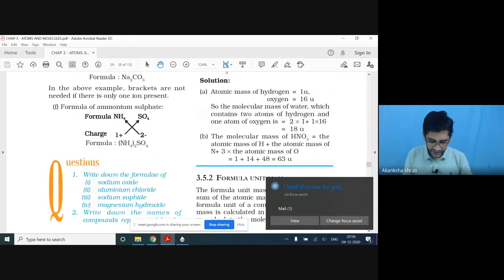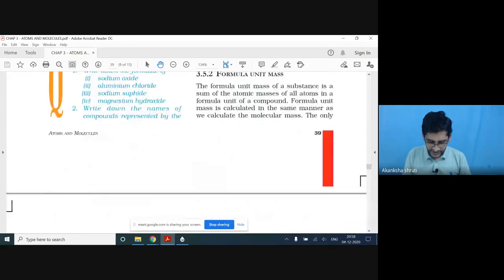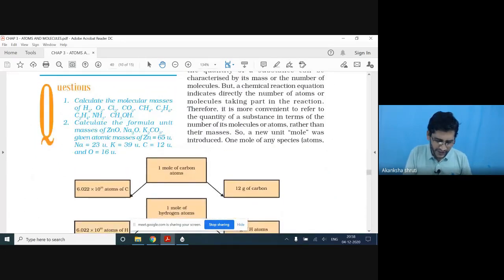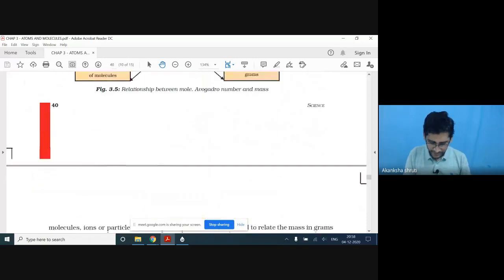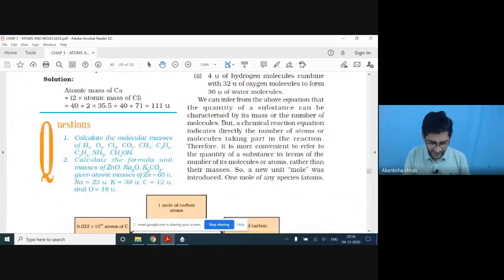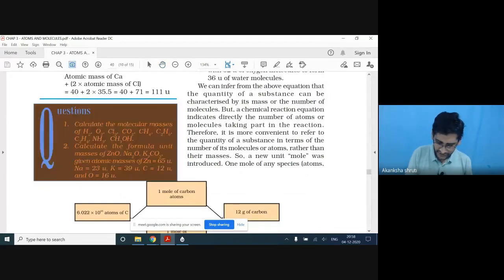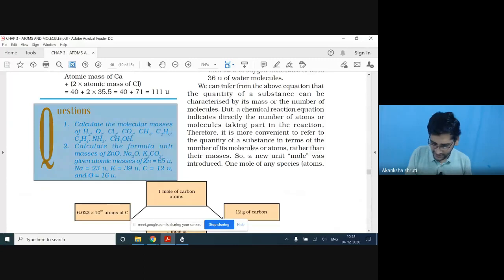So students, these are your questions. Your questions are like this. Calculate the molecular mass. It is also on your page number 40. Students, please do all these things. Please note, the questions that we need to do are this much.